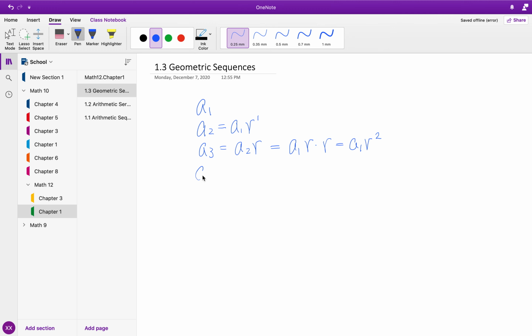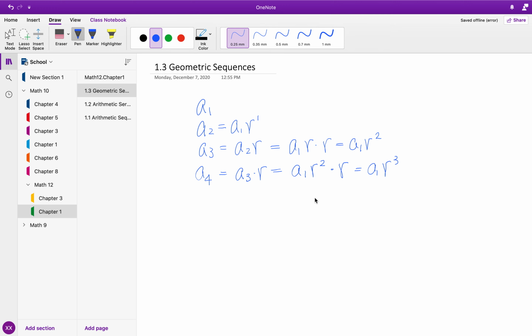Then what is our A4? A4 is our A3 multiplied by the common ratio. Our A3 is this, so that means A1 multiplied by R to the power of 2 multiplied by another R, which is A1 multiplied by R to the power of 3.